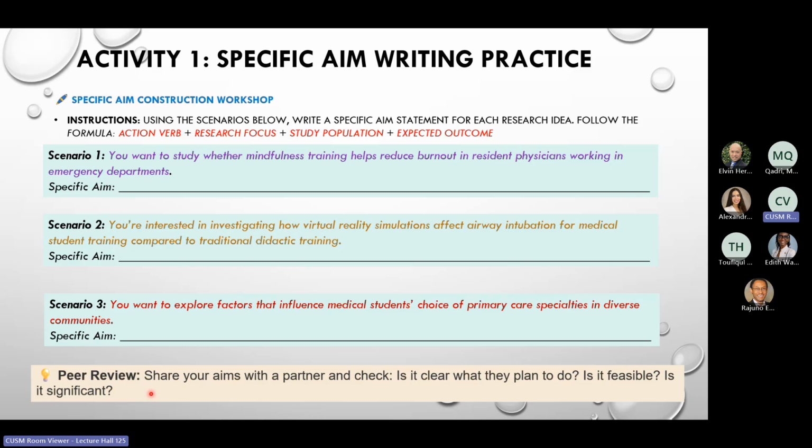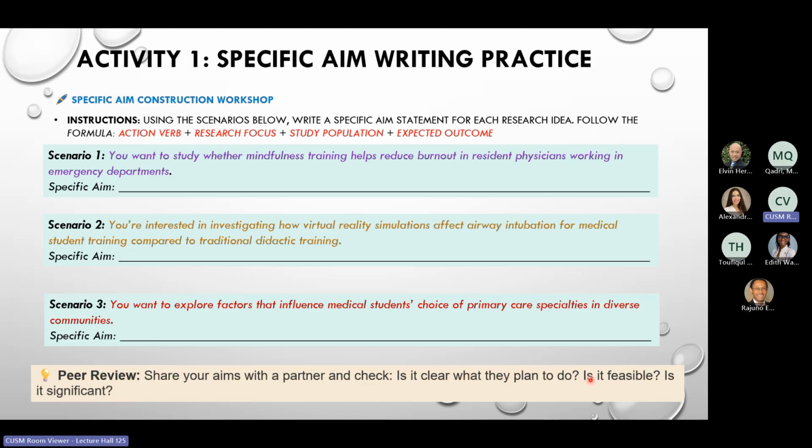You're so close to the writing and the project that you need an outside person's perspective on whether your specific aims or even your research question make sense. Are they feasible? Are they too broad? Do they need more specificity? Share your aim statements with a partner or a trusted colleague and ask these questions: Is it clear what you plan to do? And is it feasible?